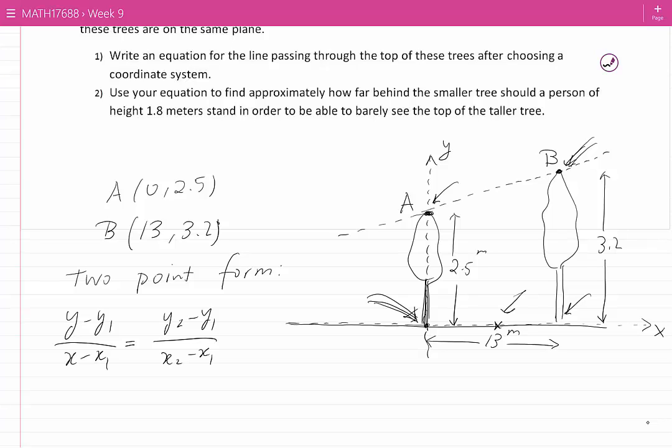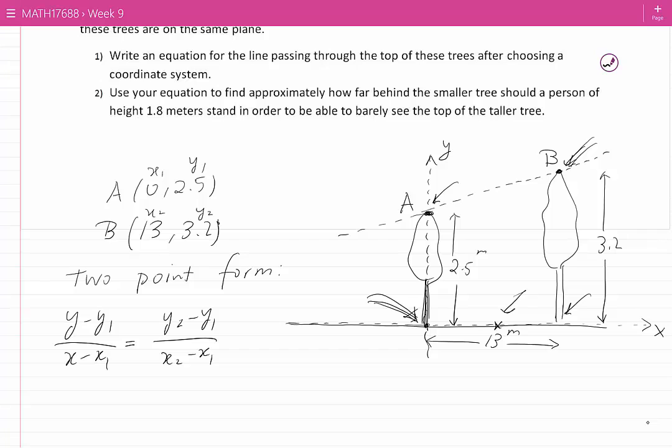I can choose either of these to be x1, y1 or x2, y2. I'll choose these two to be x1 and y1, and the coordinates of point B to be x2 and y2.